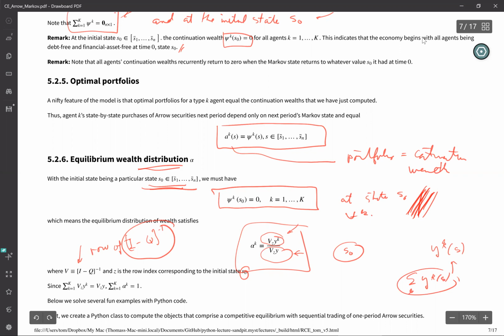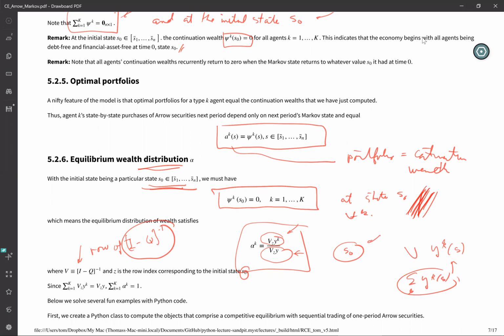That's exogenous. What's not exogenous is this V, but that V is the row of I minus Q inverse that corresponds to the initial state I started in. So notice the state I start in this Markov setup is going to affect equilibrium wealth, the equilibrium distribution of wealth.